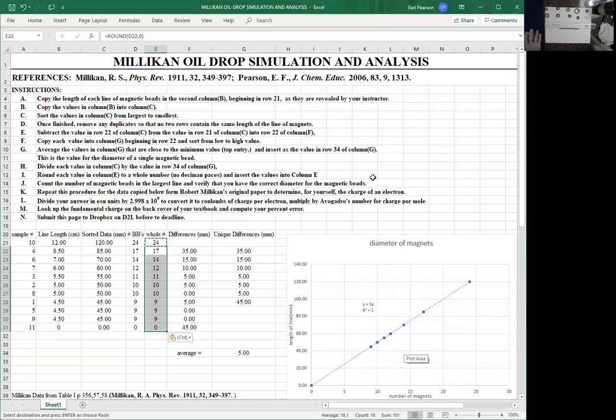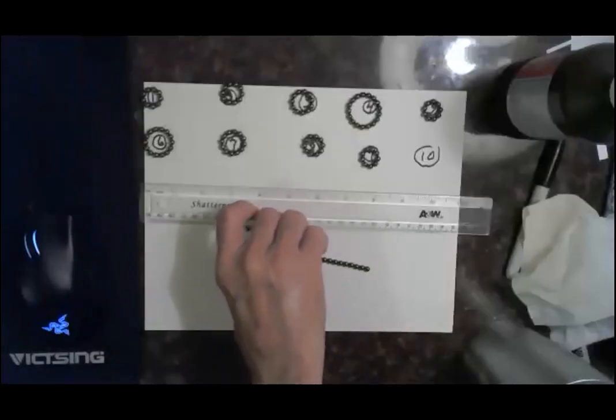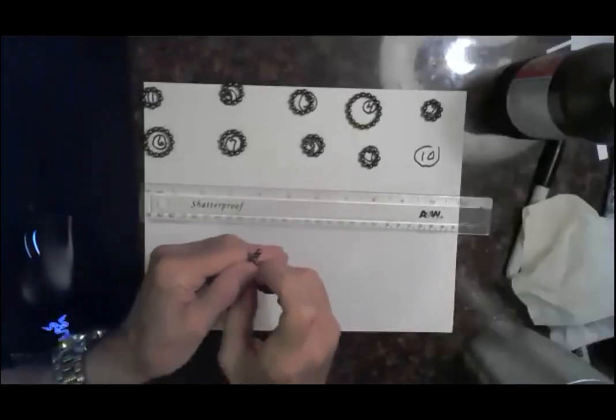Now, it says this first line should be 24 BBs long. So let's go back over and double check and see that it is.